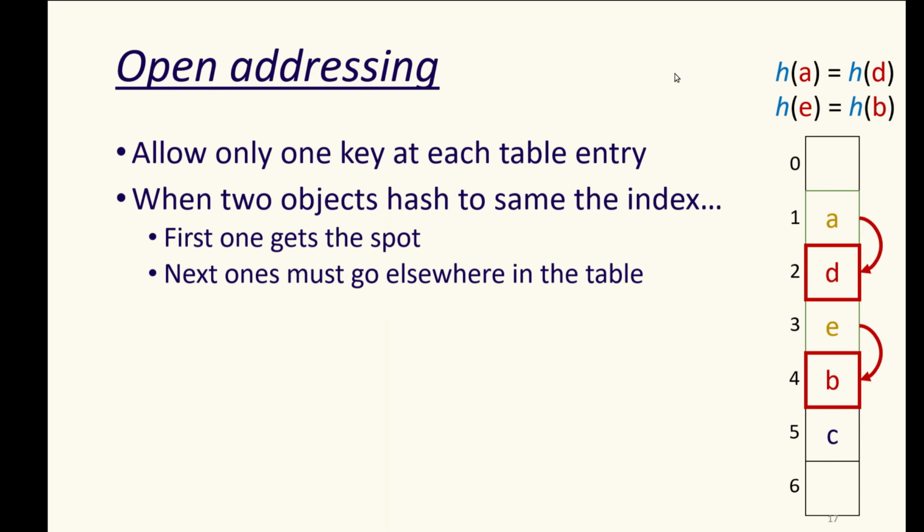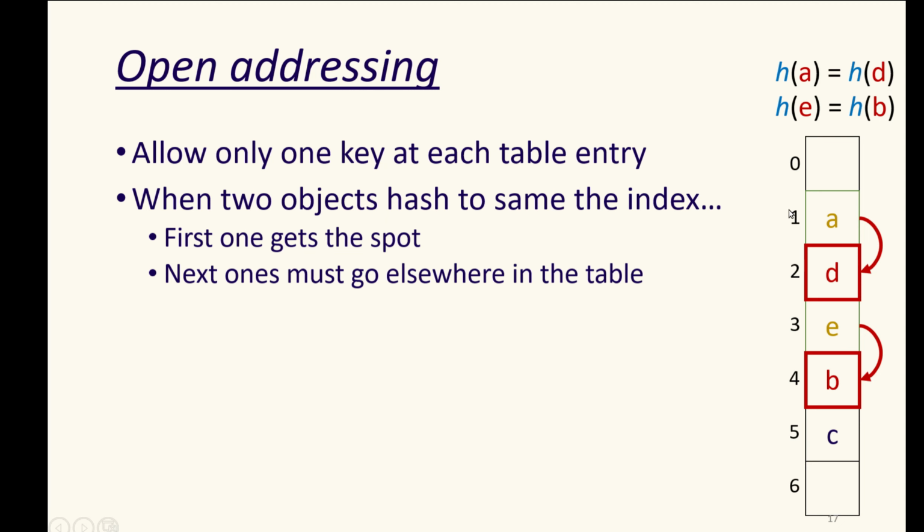And you can probably already start to imagine some of the complications with this, but it doesn't add extra memory use, and it has some other beneficial features to it. So the first one that hashes to a particular location gets that spot. And then next ones that hash to that location have to find somewhere else to be in the table. Sorry, the seat's taken, you've got to sit at the next one back kind of situation there.